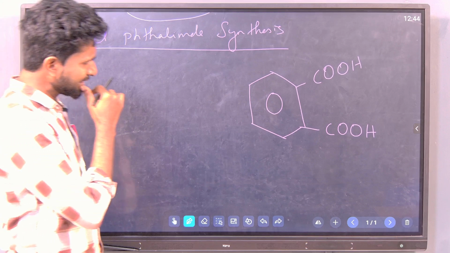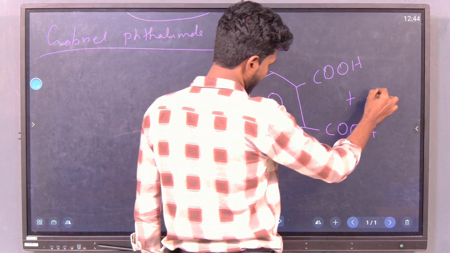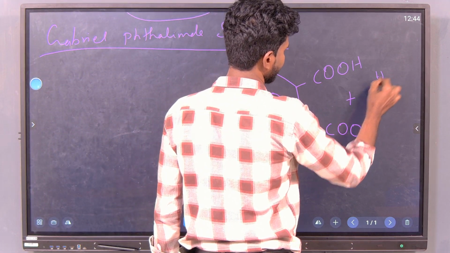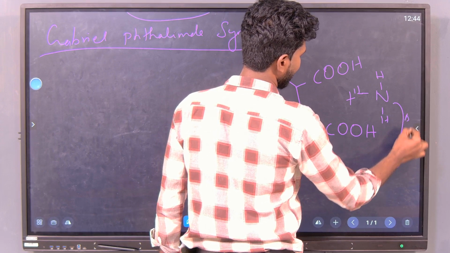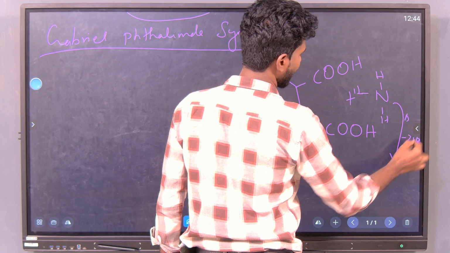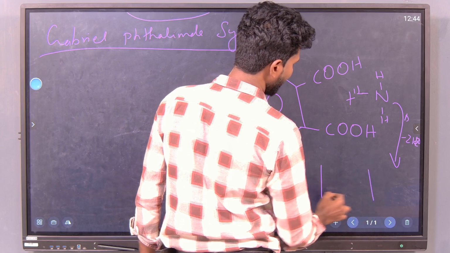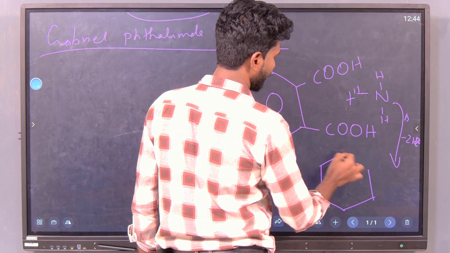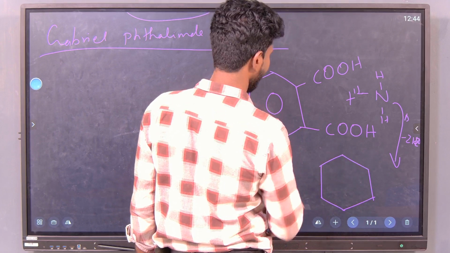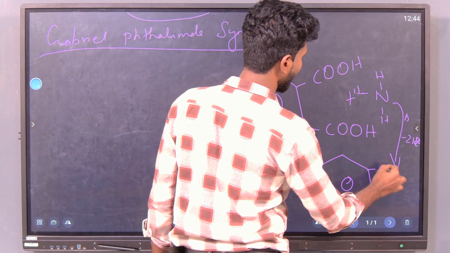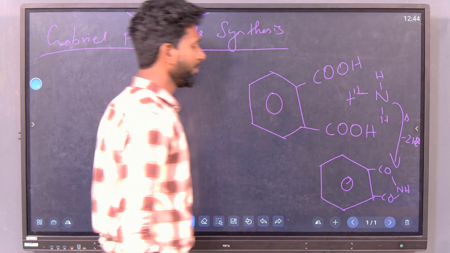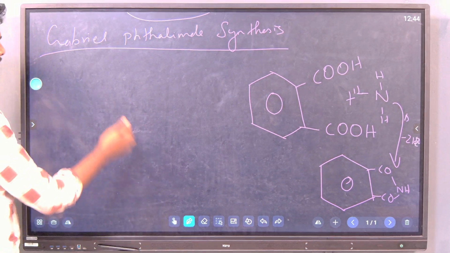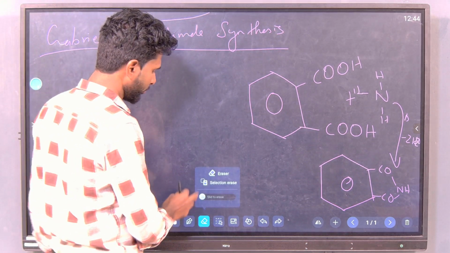Phthalic acid reacts with ammonia, NH3, and with the elimination of 2 molecules of water, we get phthalimide. This phthalimide is the reactive part of our synthesis, that is the Gabriel phthalimide synthesis. We can see the reaction now.